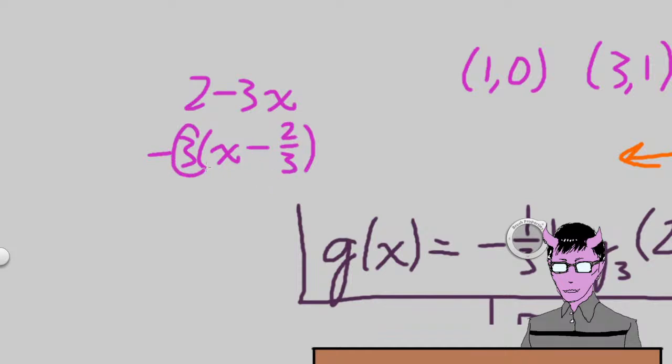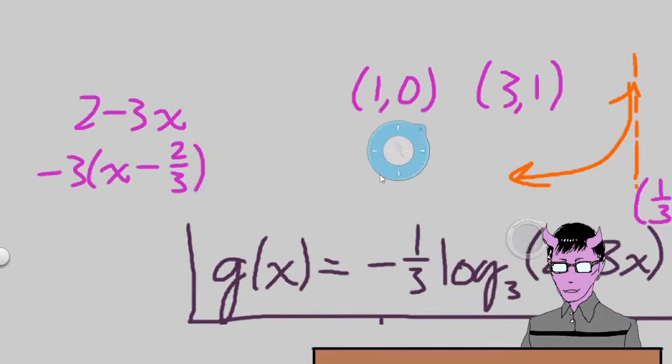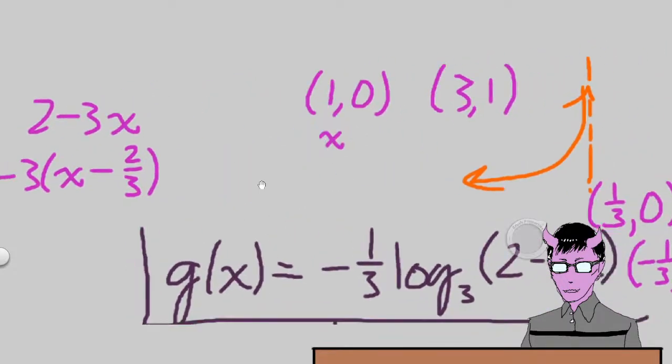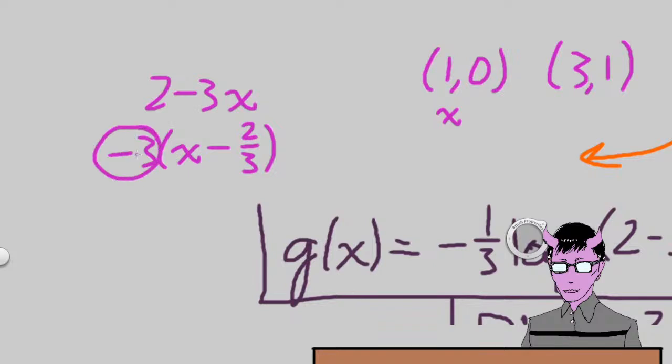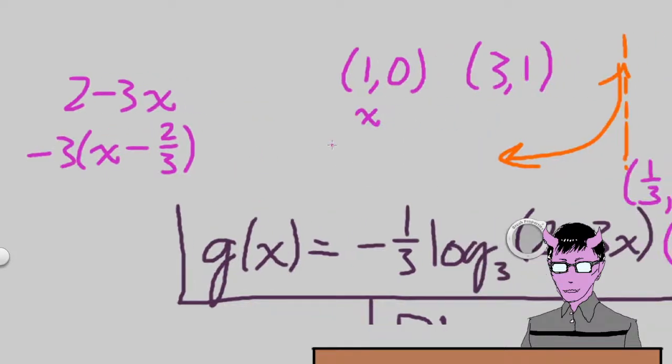So we basically have three transformations. We have this thing, we have this thing, and then we have this thing. But you can kind of smash these two together. So go in reverse order. What's the transformation for the x's? First times reciprocal, so times negative 1/3.